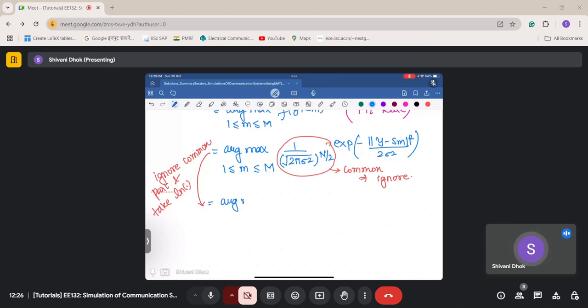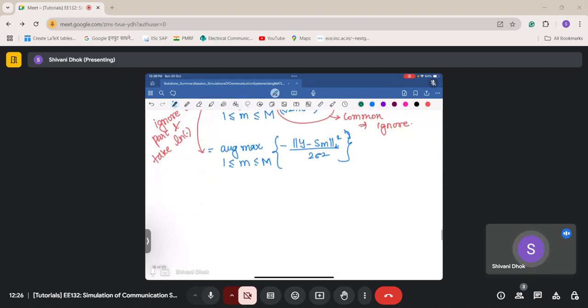Since log is a monotonically increasing function, the argmax won't change. So this will be minus of the L2 norm of y minus Sm square by 2 sigma square.